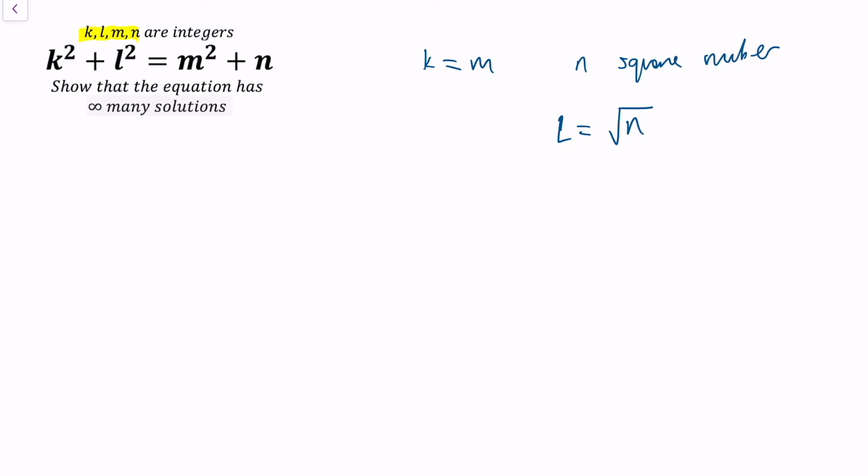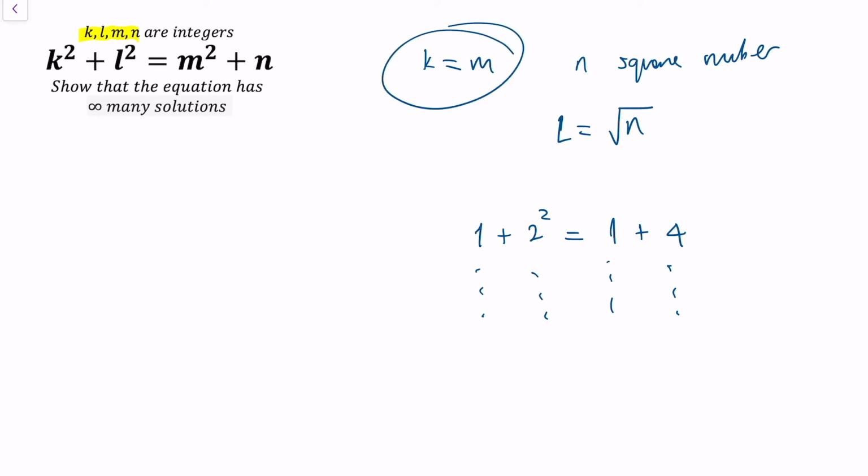You know, let k be 1, l be 2, that would mean k is equal to m is 1, and n is l squared, so that's just equal to 4, right? So this will indeed give us infinitely many solutions. But these solutions are not very interesting, so let's have a look at more interesting solutions without having these conditions.